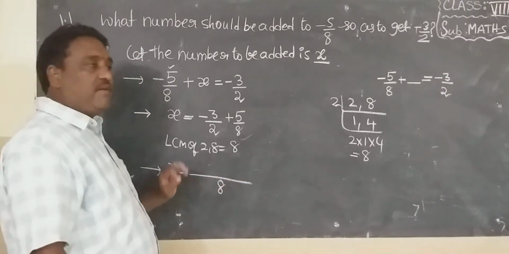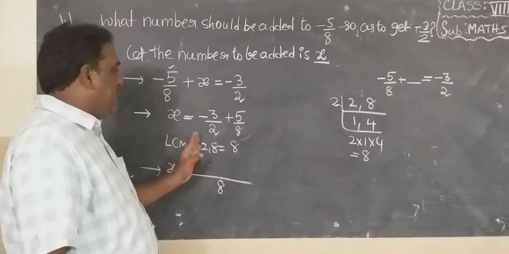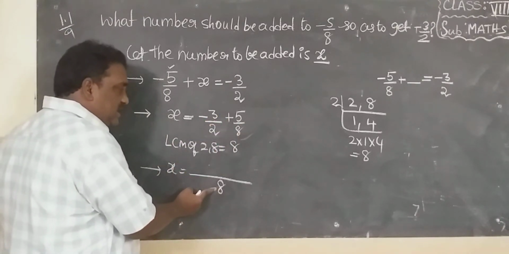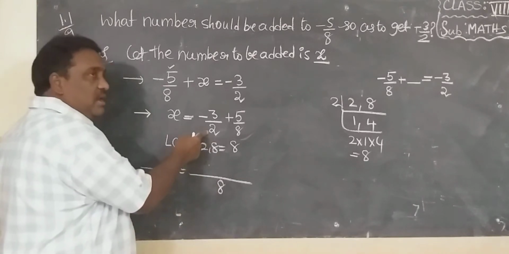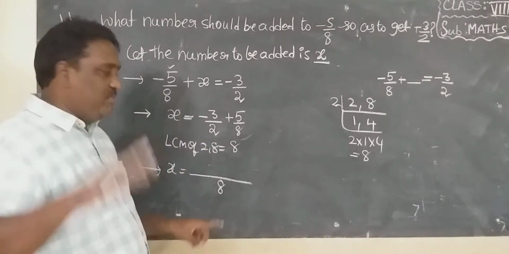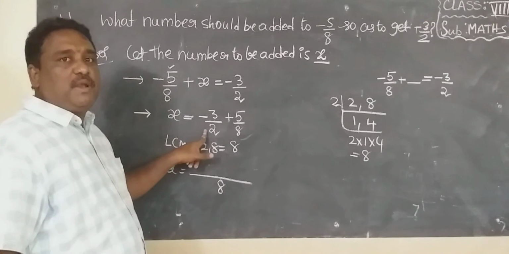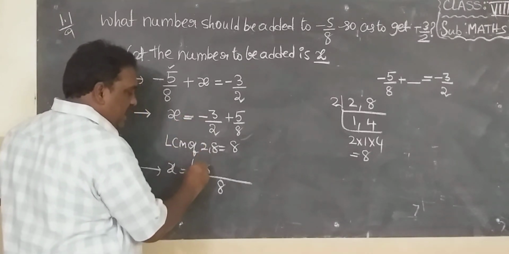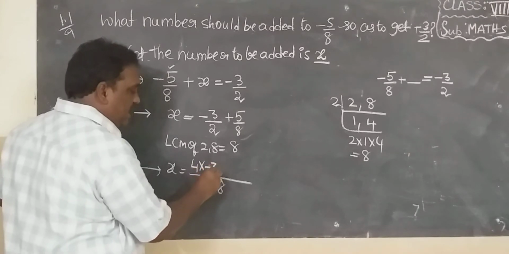What is the LCM of 2 comma 8? LCM is 8. 8, 2 table how many times? 4 times. What is the numerator? Minus 3.